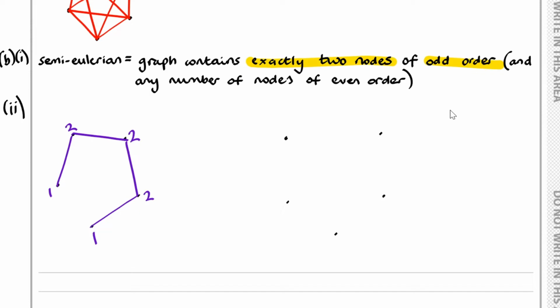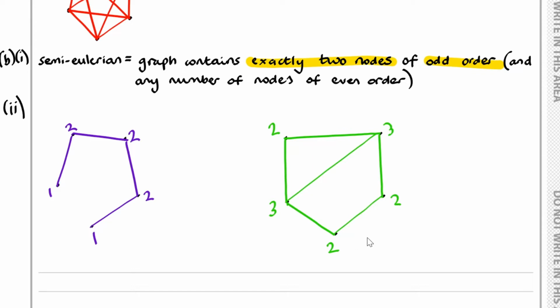What we can have, well, if I join this to this, and then this to this, this one has degree 2, and then if I join this to this, this also has degree 2, but if I connect this to this, like so, this then has degree 3, and if I connect this to this, this has degree 3, and each of these has degree 1, and if I connect those to each other, these have degree 2.